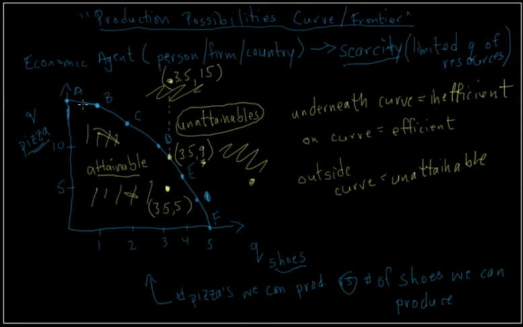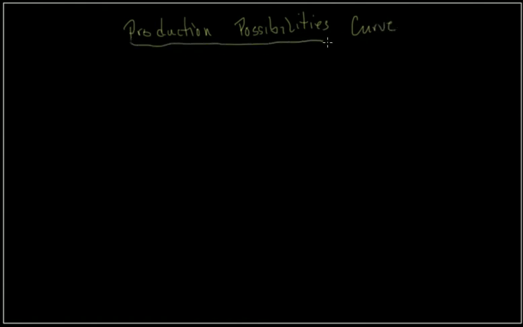Now, I'm going to take away this information here, recall the numbers that we had on the graph, and write out a table for you. The reason why this curve is powerful is that it gives us this data right here.